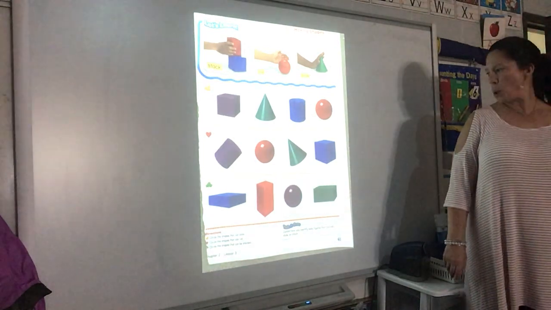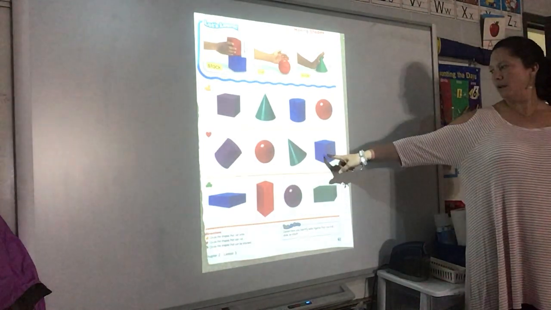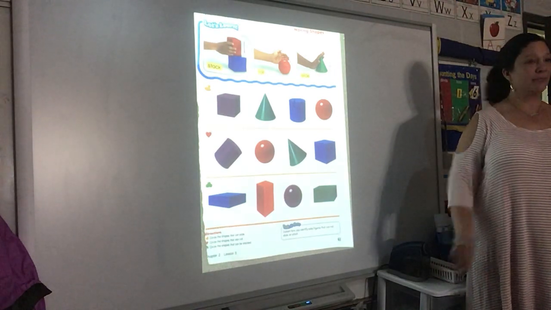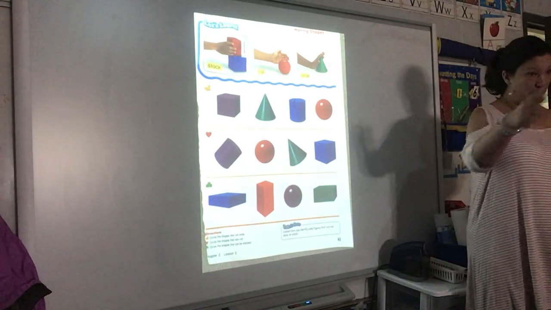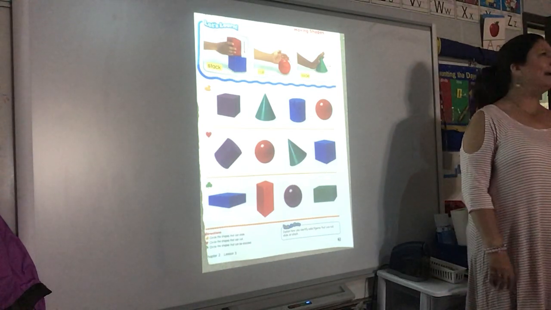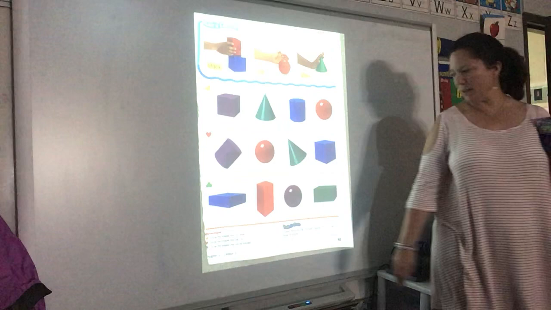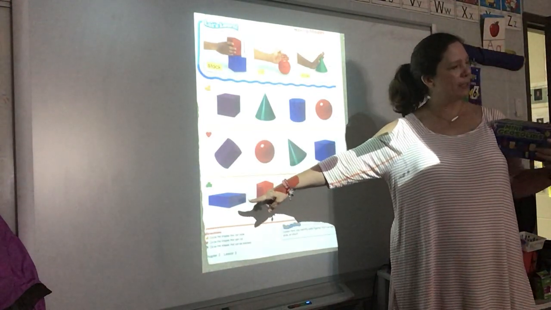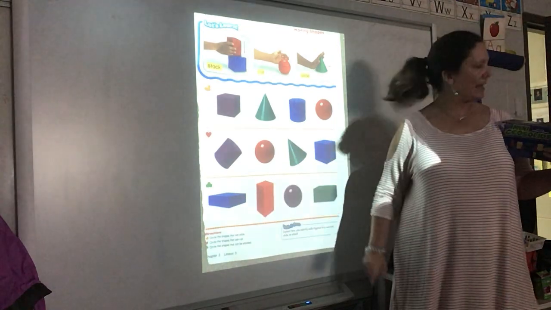Circle it. What about the cube? Nope, it can't roll, can it? Now it can bounce and get bumpy, but that's not a roll, is it? No. It can slide. What about this rectangular prism? Can it stack? Yes, it can. Circle it.